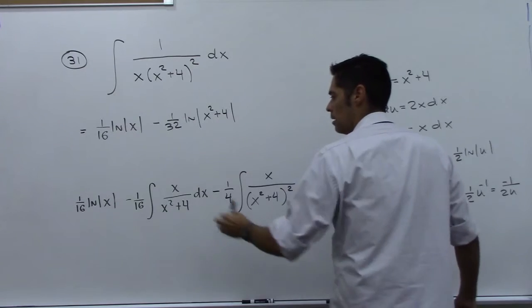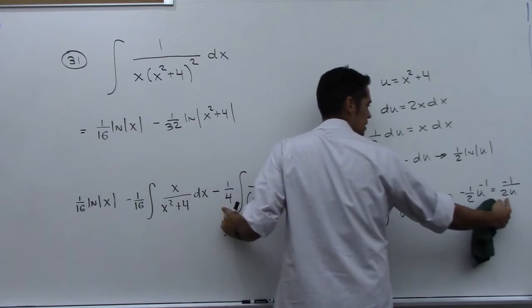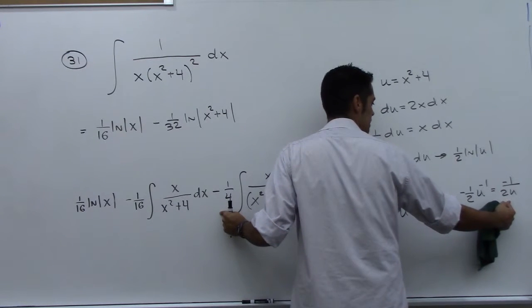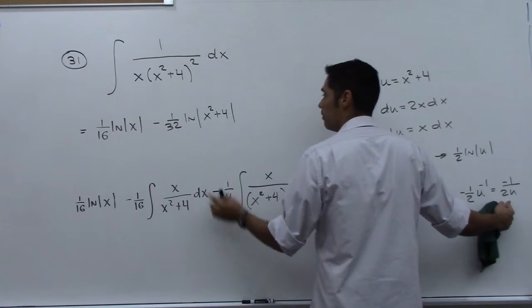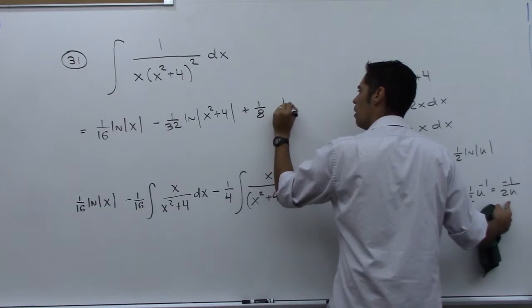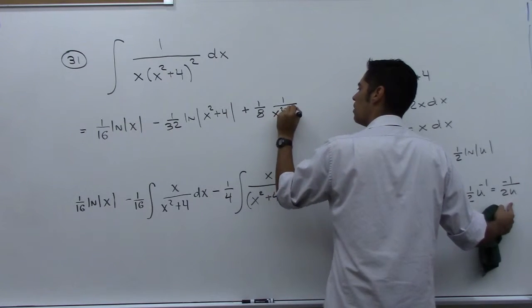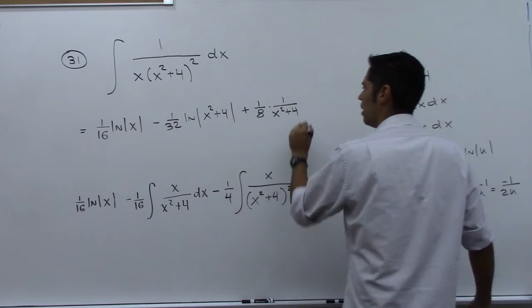And then we have negative 1/4 times this. Negative times negative is positive. And so we get positive 1/8. And then 1 over u, but u is x squared plus 4. Plus c.